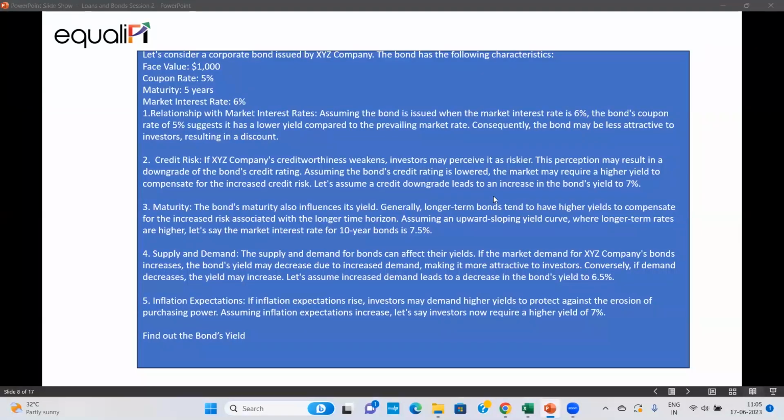Bharat, risk-free rate is the coupon rate that is guaranteed to you. That is 5%, the coupon rate that is guaranteed to you, right? Now the ongoing market interest rate is 6%, but the investors expect 7%. So what is the inflation premium here?